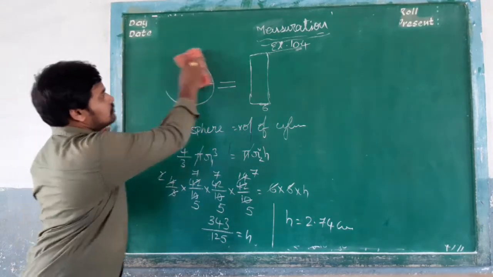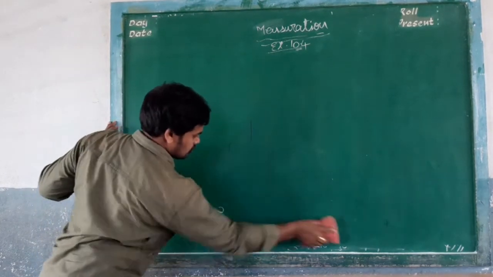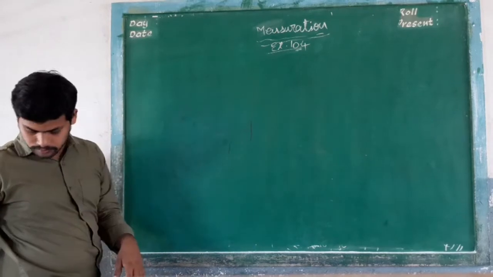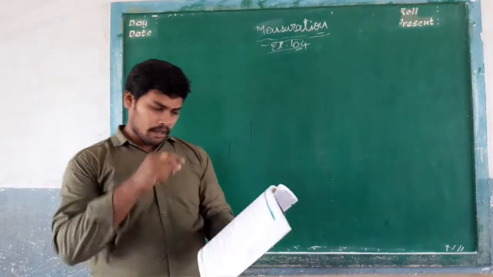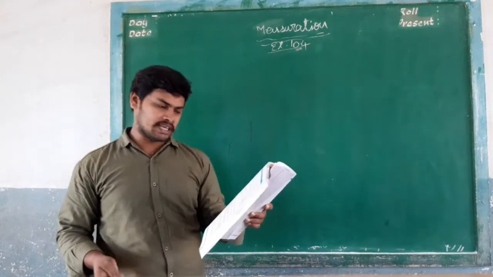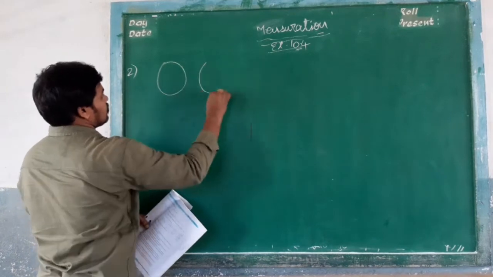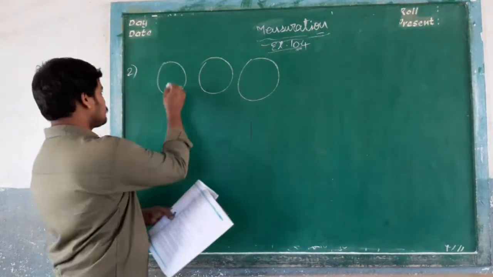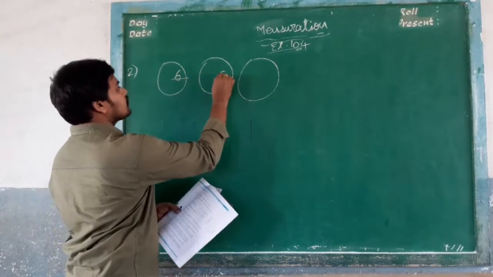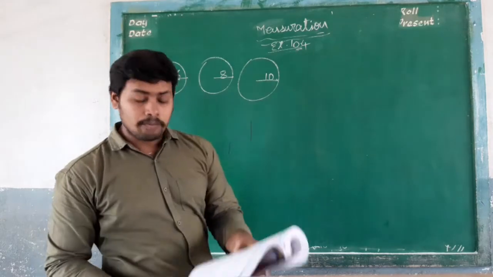Next. Metallic spheres of radius 6 centimeters, 8 centimeters, 10 centimeters are respectively melted.